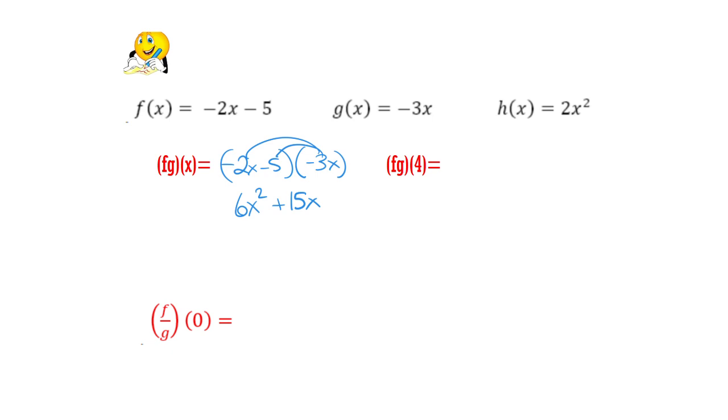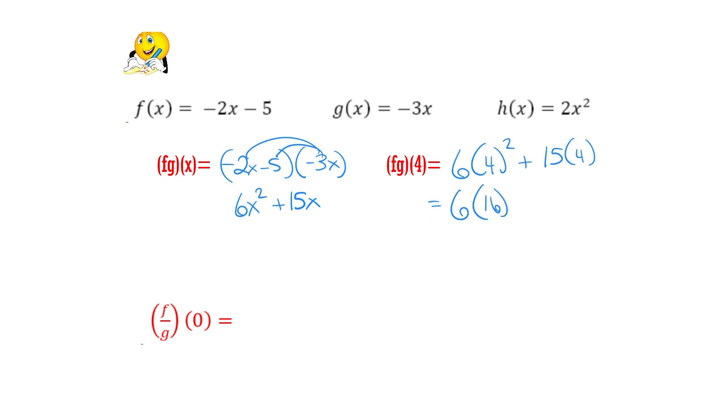My follow-up question is, can you find f times g of 4? And again, I've already gone through the work of doing f times g of x. Why not just plug 4 into this? That'd be a 6, and then I'm going to have a 4 squared plus 15 times 4.